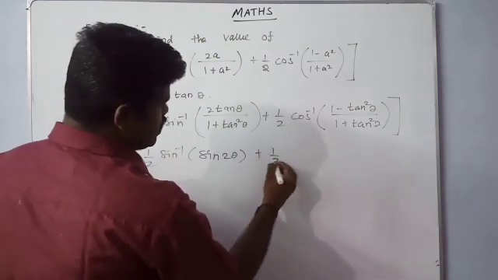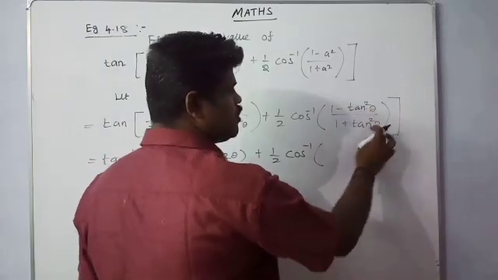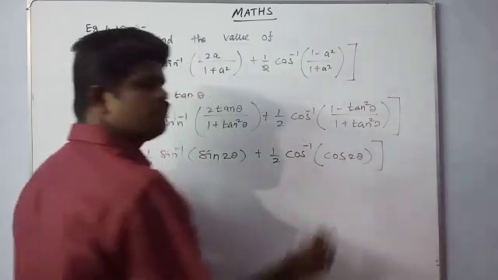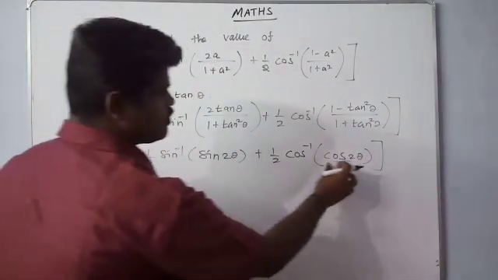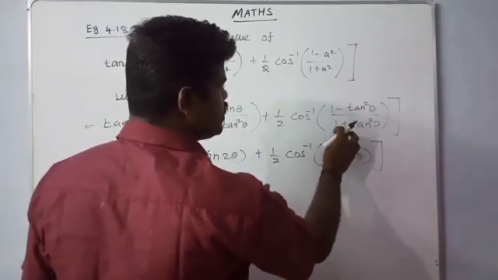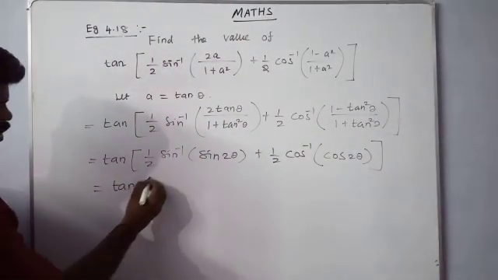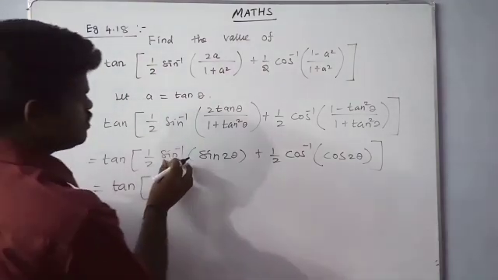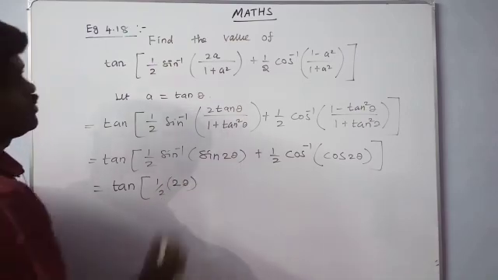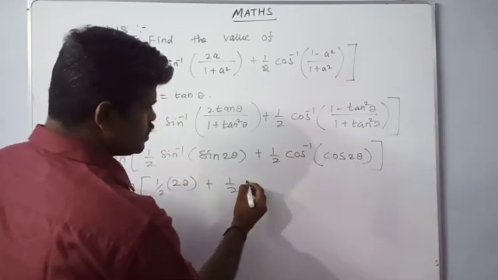And here plus 1 by 2 cos inverse of 1 minus tan square theta by 1 plus tan square theta is cos 2 theta. This is also a property. So cos inverse of cos 2 theta. Directly memorize the formula. Cos 2 theta equal to 1 minus tan square theta by 1 plus tan square theta. Right. Here tan 1 by 2 sin inverse of sin 2 theta is equal to 2 theta, plus 1 by 2 cos inverse of cos 2 theta is equal to 2 theta.